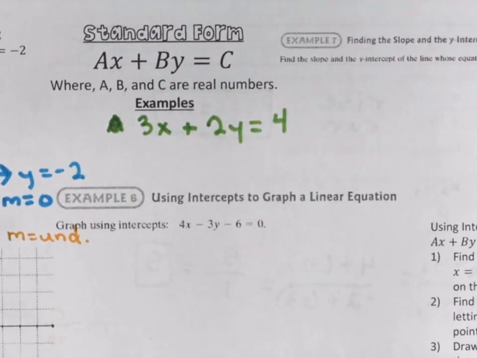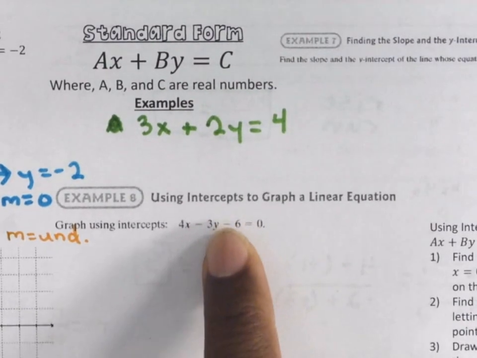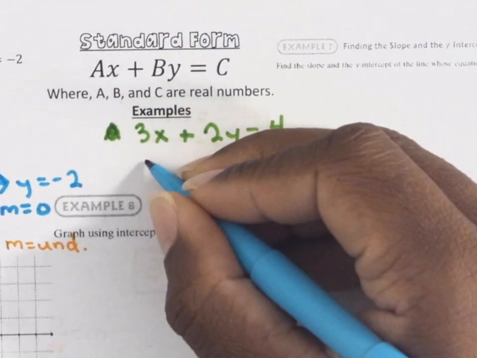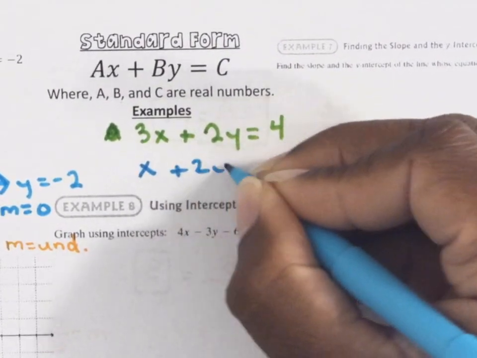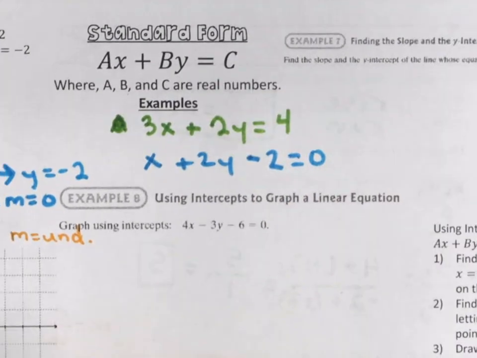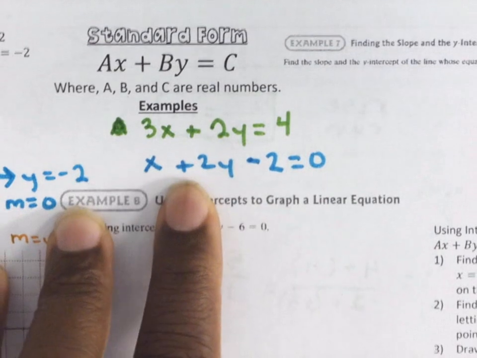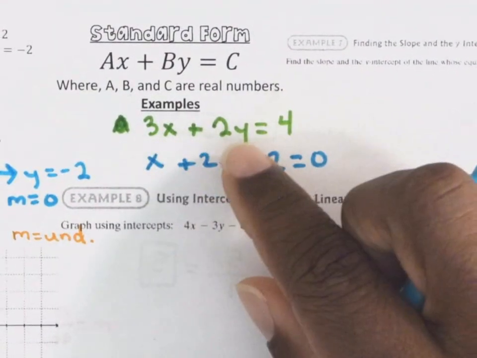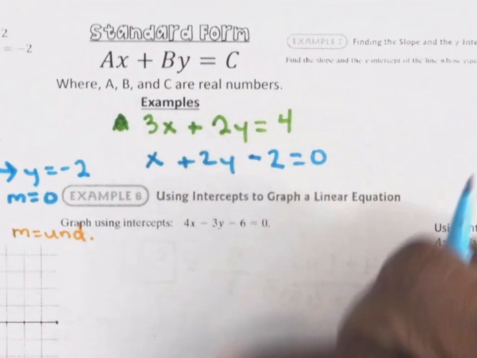That could be a version of standard form, and I'm just making these up. You also might see something like x plus 2y minus 2 equals 0. So everything's on the left side. You'll see that sometimes too. But this is standard form where primarily your x's and your y's are over on the left side.